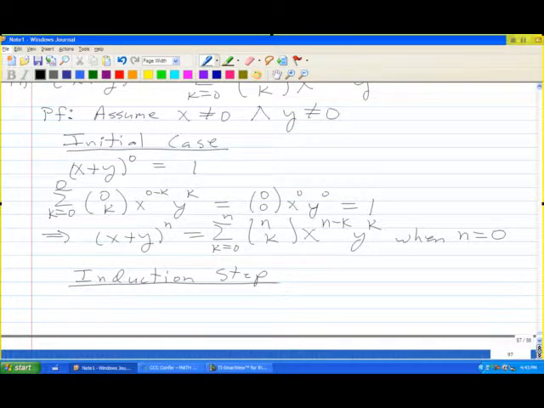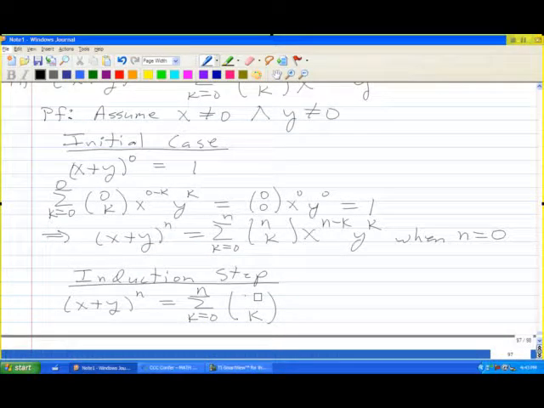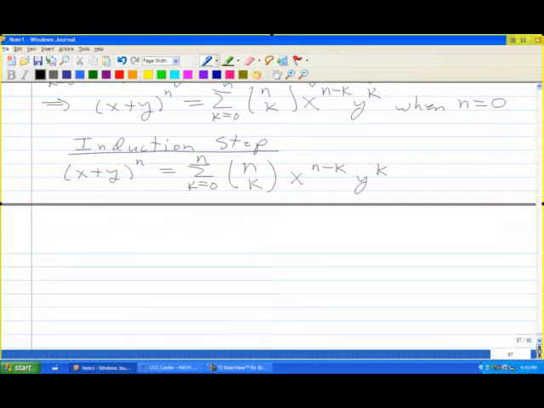And so for the induction step, I want to assume that (x plus y) to the n is equal to the sum k equaling 0 to n of n choose k, x to the power n minus k, y to the power k, that this is true. Then (x plus y) to the n plus 1, I want to show that that's equal to this formula where I replace n by n plus 1.